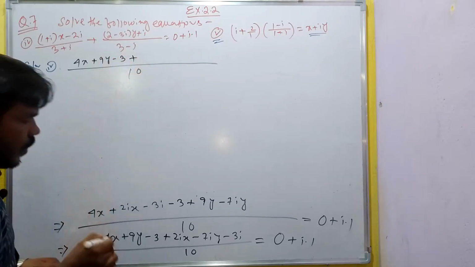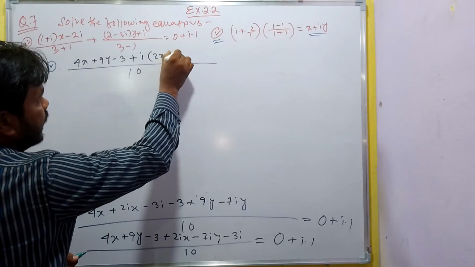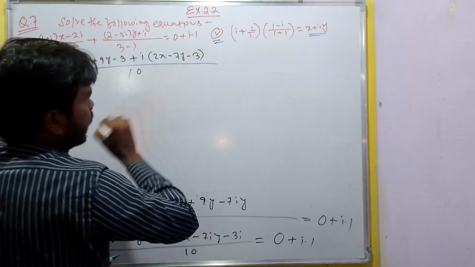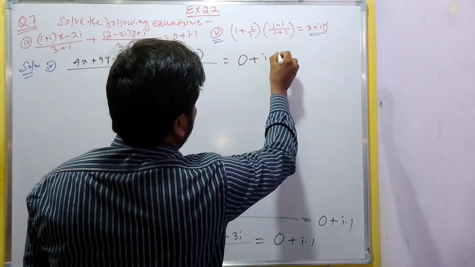Now you take i common, so i(2x − 7y − 3), equals 0 + i·1.